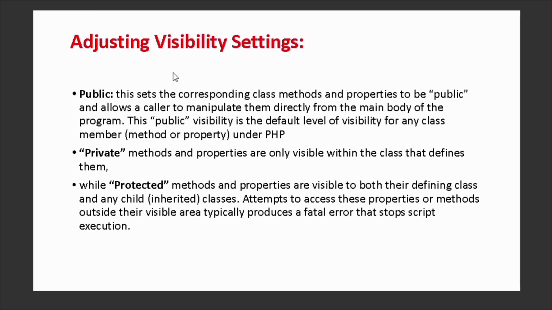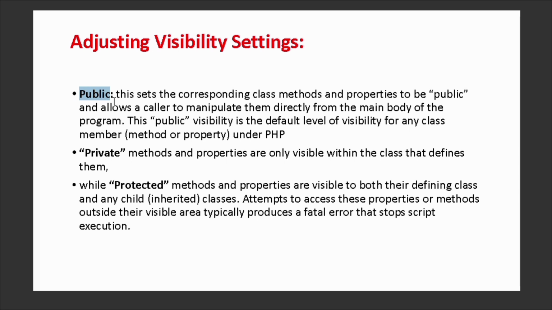Adjusting visibility settings. Visibility in PHP controls where the class properties and methods can be accessed from: inside the class, from child classes, or from outside the class. There are three visibility levels. Here you can see, first one is public, private and protected.